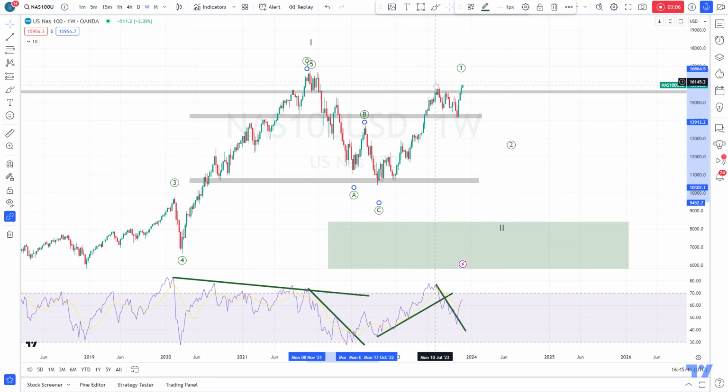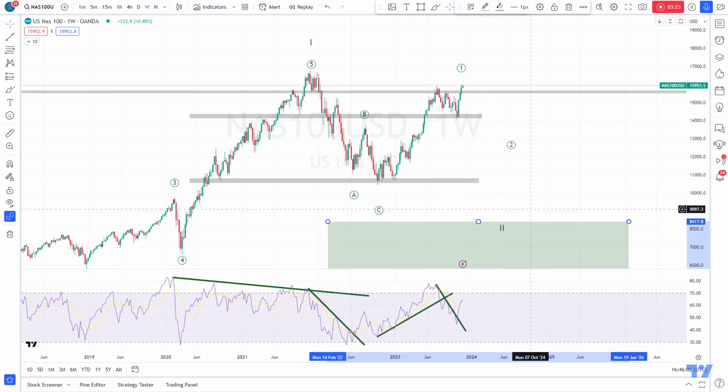Then this structure was corrective as a wave B, also in 3, 1, 2, 3. And then from here, we should expect another impulse down, a C wave down, taking out this low to make the wave 2, and probably going here into wave 2 area.